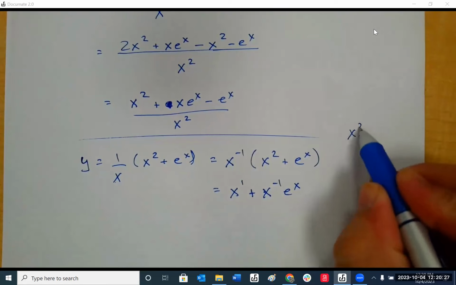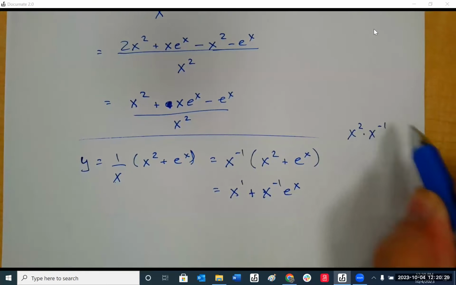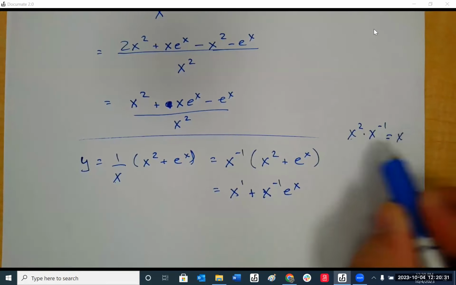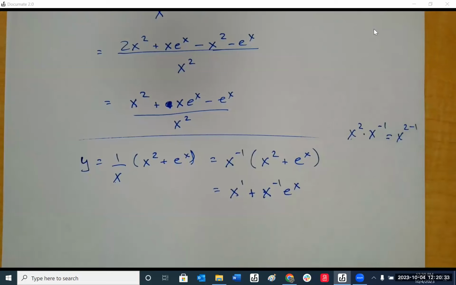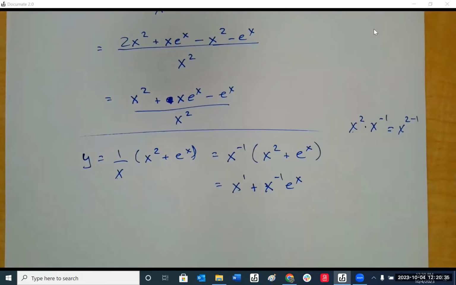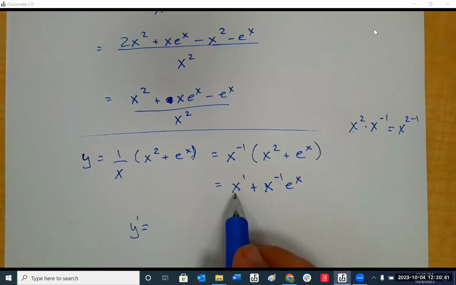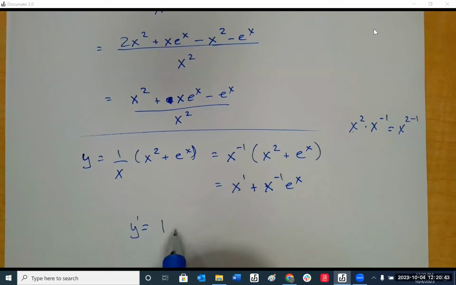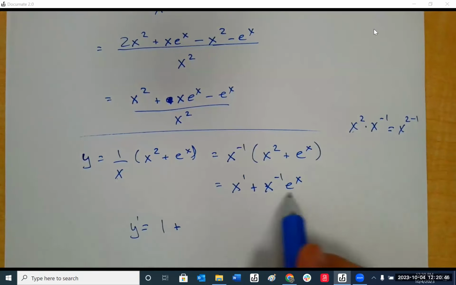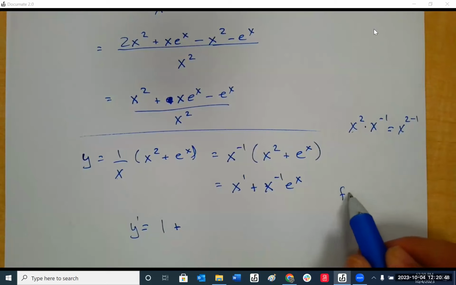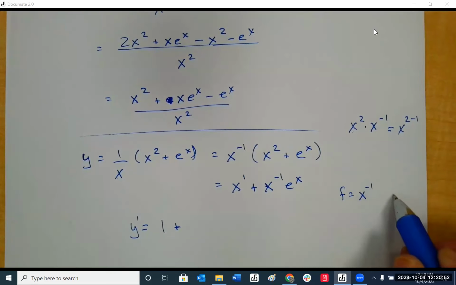You have x squared times x to the negative 1, same bases, add the exponents. That's where that came from. So now we just do the derivative of this. The derivative of x is 1. Now we gotta do the product rule anyway, but it's a lot shorter.